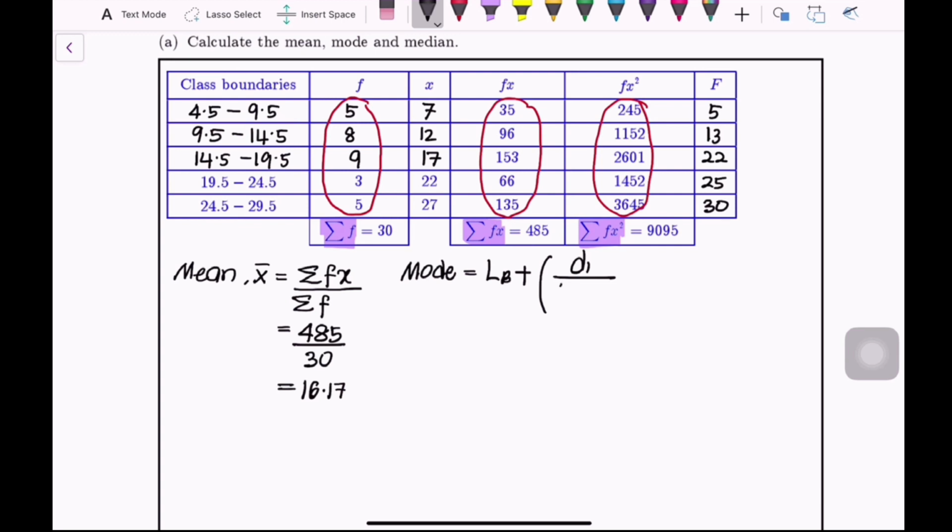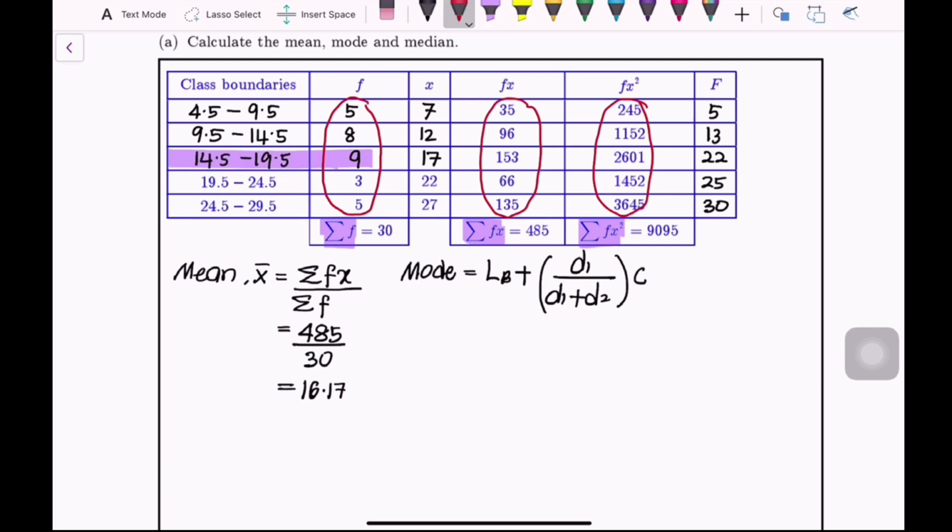Then to determine mode, we use the formula LB plus D1 over D1 plus D2 times C. Before we substitute the values of LB, D1 and C, we try to find the modal class. Highest frequency is 9, so this one is a modal class.